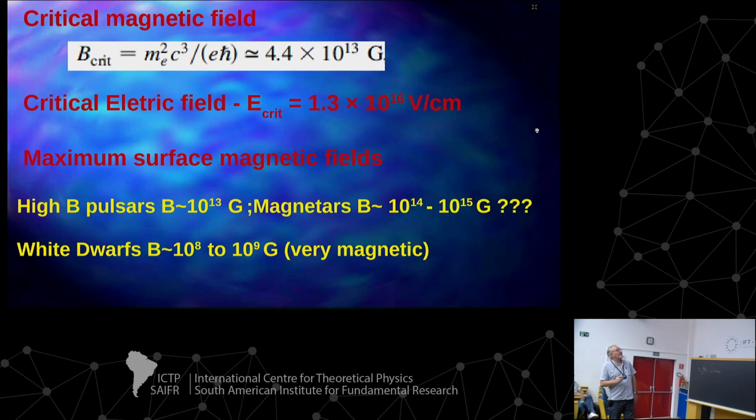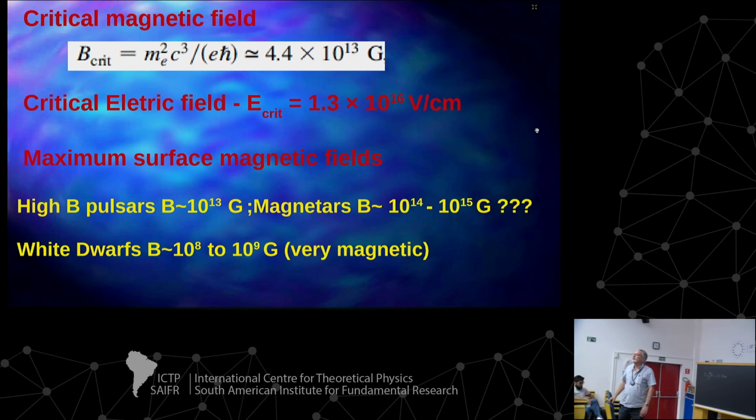Another thing also, you have this critical field, where the electron cyclotron frequency energy is equal to the rest mass energy of the electron, okay? And so after these fields, maybe nonlinearities will need to be considered in Maxwell theory, so things are more complicated.